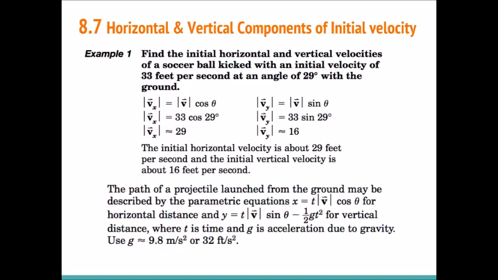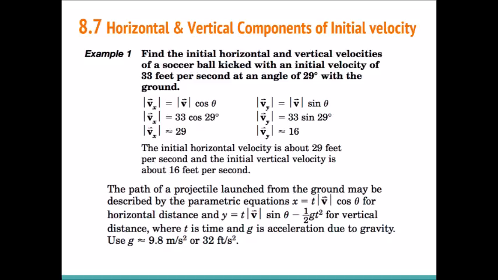So the first formula you would be using is vector v x equals vector v cosine theta, and the next formula you'd use is vector v y equals vector v sine theta. And if you plug in both of those numbers from above, you'd get 29 and 16.